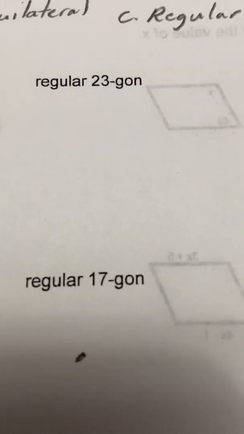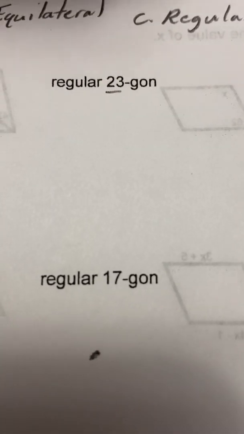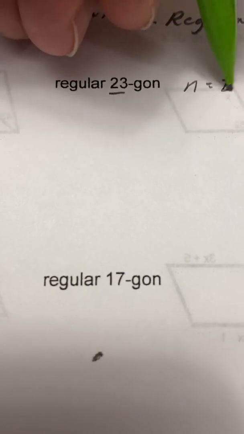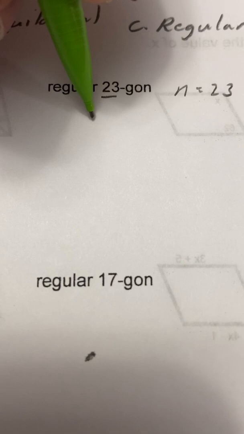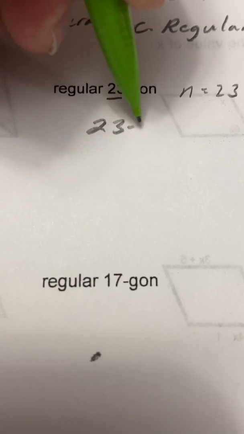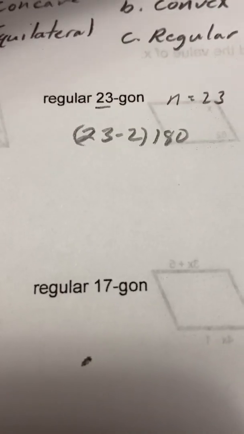Next one doesn't give us a picture, but it tells us it's a 23-gon, so we know our n value is 23. So for the math, n minus 2, 23 minus 2, times 180.